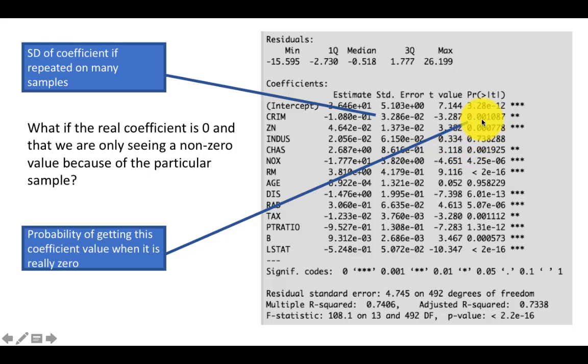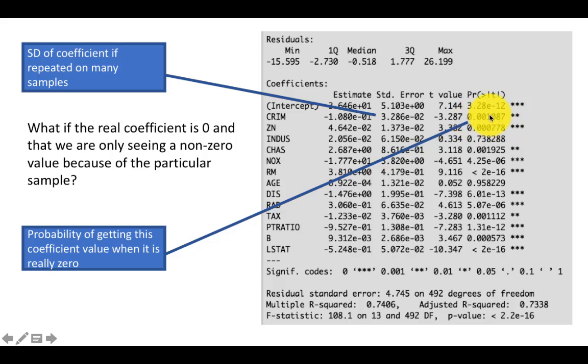The fourth column is telling us, well, if the real value is actually 0, then the probability that you will see such a coefficient as this, a value different from 0, is 0.001087. In other words, it's extremely unlikely that you will see this value for the coefficient if the actual coefficient was 0.